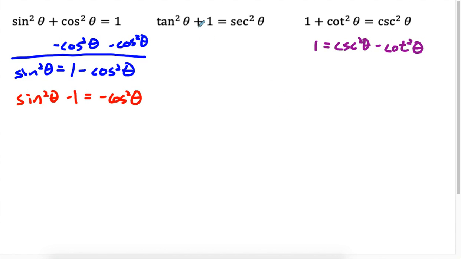We could take this one and I could subtract the 1 over and say tangent squared equals secant squared minus 1. Now, there are so many ways to manipulate these that I'm not going to write out all the different possibilities here. But we do want to recognize that we can add and subtract pieces from both sides of these. We are going to need to do that for the problems that we're going to look at.